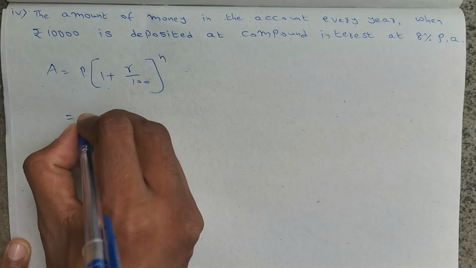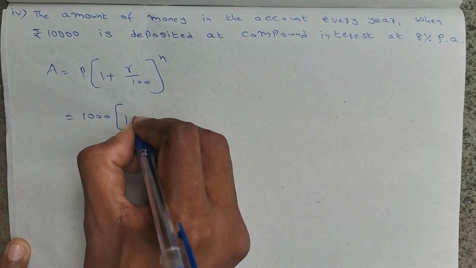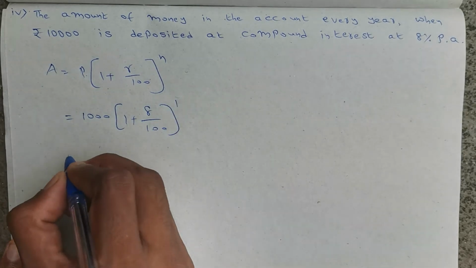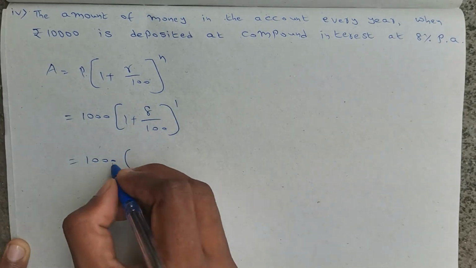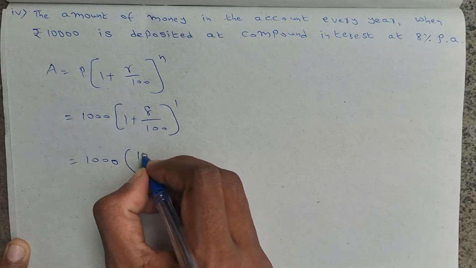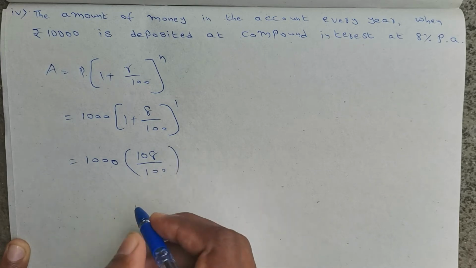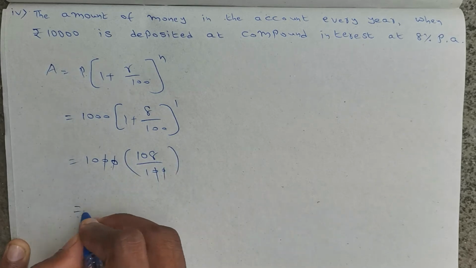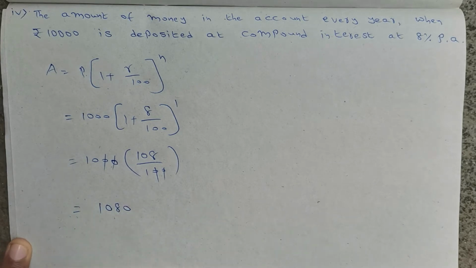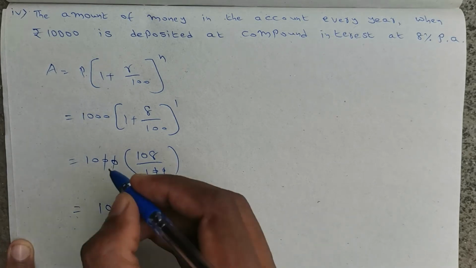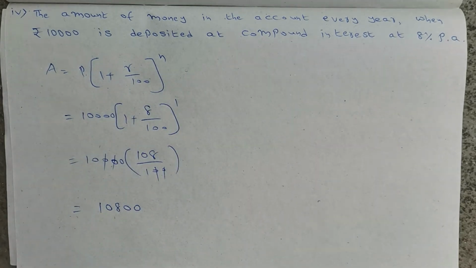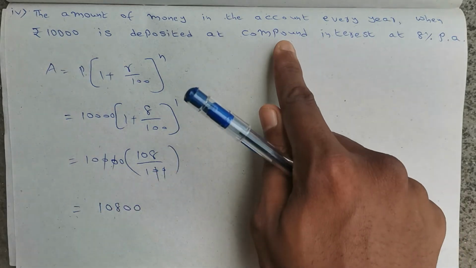So if we substitute P, 10,000 into (1 plus 8 divided by 100) to the power 1, which is equal to 10,000 times 108 divided by 100. Here two zeros cancel. Oh sorry, 10,000, right? There are more zeros. So 10,800 rupees.